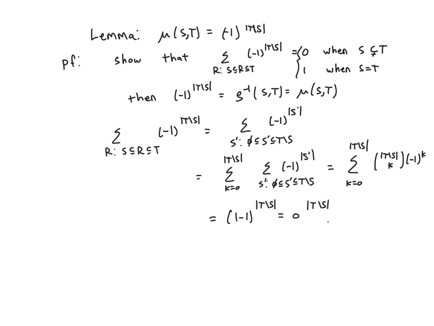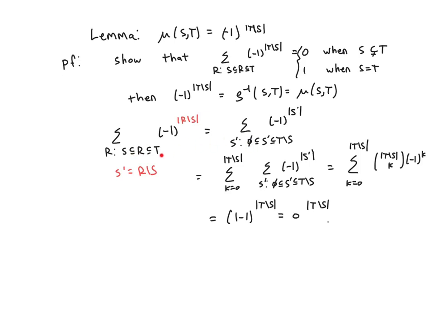That should be R take away S. Now the first thing we're going to do is I'm going to define S prime to be R take away S. And so we see as R ranges over all subsets of T containing S, S prime is a subset containing the empty set contained in T take away S. And vice versa, given such an S prime, I can take the union with S and I get a subset R over here.